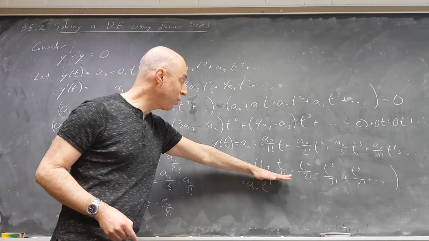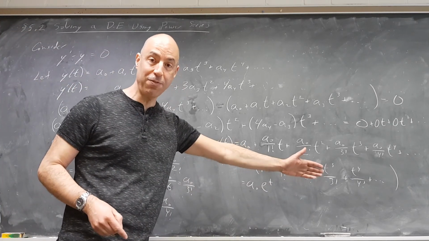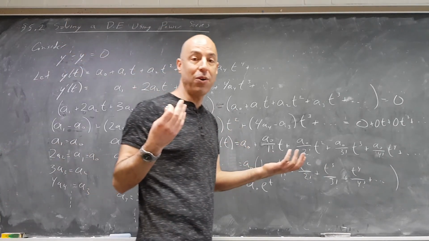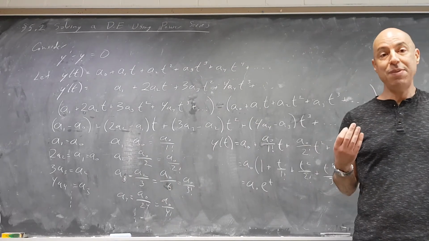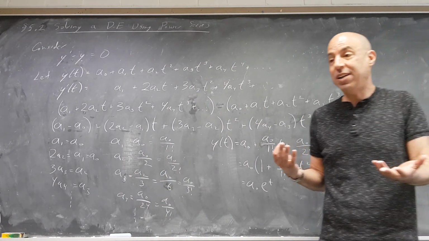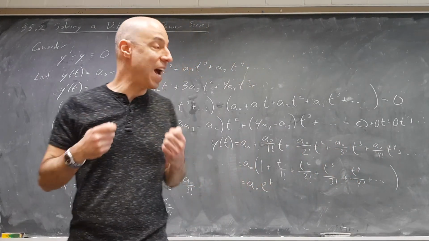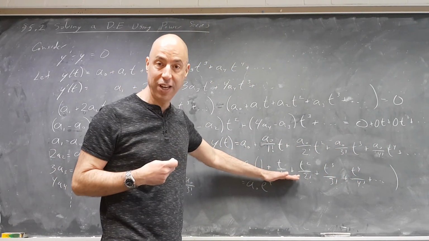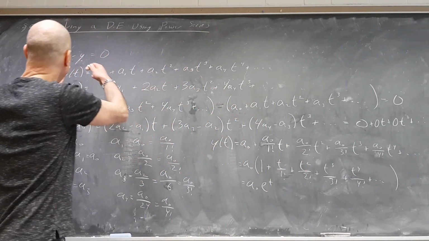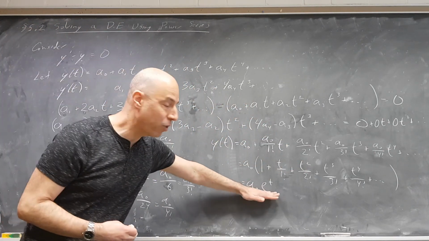There will be times where you'll work out a power series, at least the first few terms, and you won't recognize it. It won't be the power series of any familiar function, and maybe it isn't the power series of any familiar function. But at least you have a power series solution, and you can use this when you don't know how to solve this in closed form.